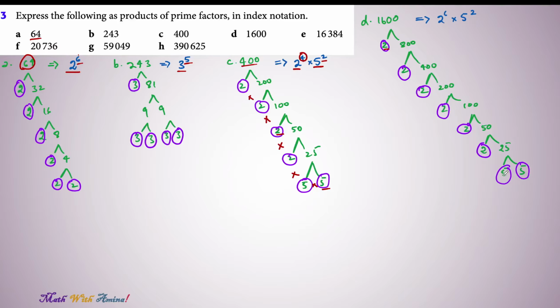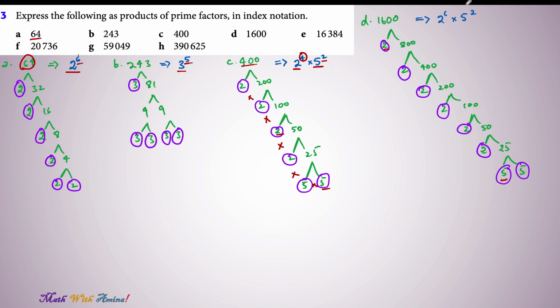Then for each, we see how many times each prime factor appears in multiplication. So 2 appears 1, 2, 3, 4, 5, 6 times. So the index of 2 would be 6. And then we look for 5, and 5 appears twice in multiplication. So it would be 5 raised to the power of 2. Then we have the next question.